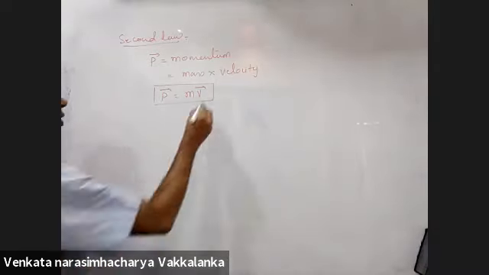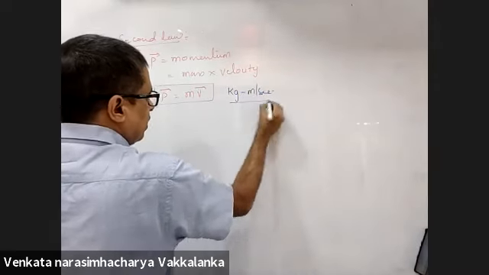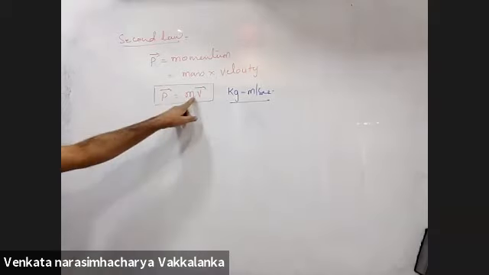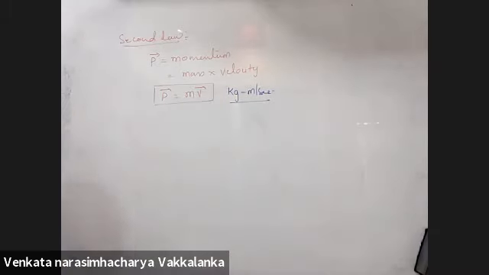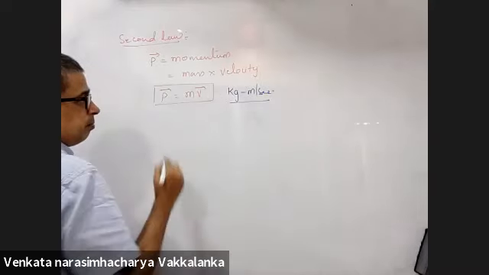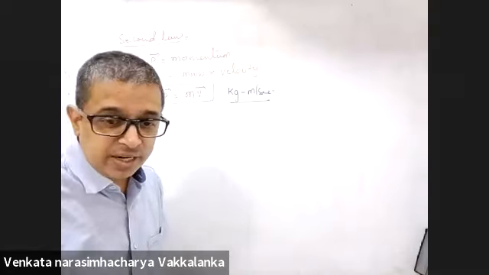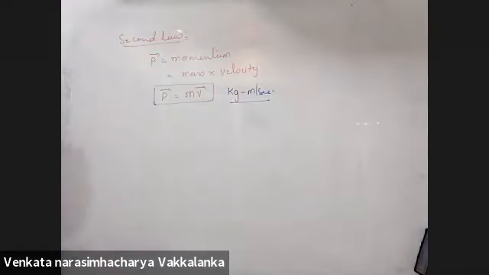What will be the units of this? Mass is kg, velocity is meter per second, so the unit is kg meter per second. Momentum is a physical quantity which is a vector quantity.